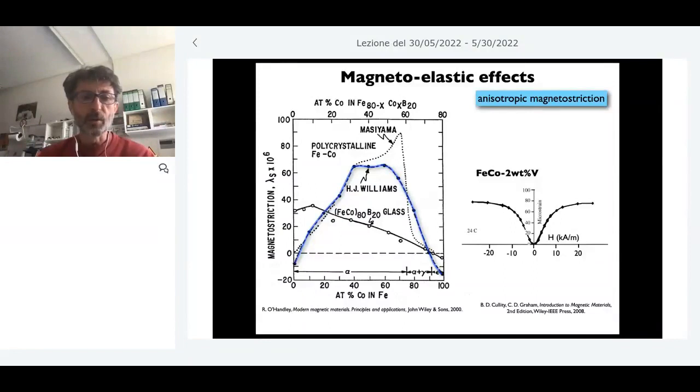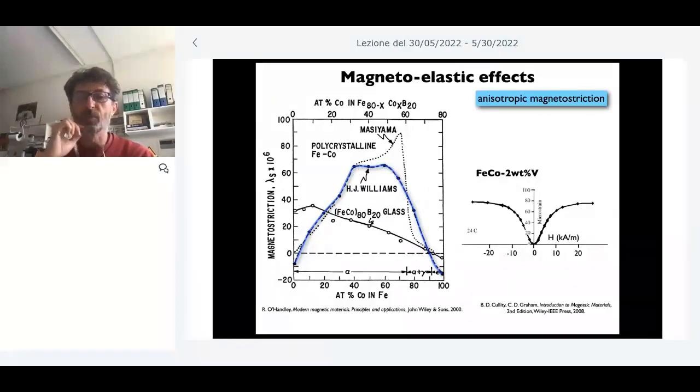Take the blue curve here, and this is the alloy, percentage of cobalt in iron. We already know the limits, because this is pure iron, this is pure cobalt. When we make the alloy of the two, we find that the magnetostriction coefficient becomes large. This is the saturation magnetostriction.